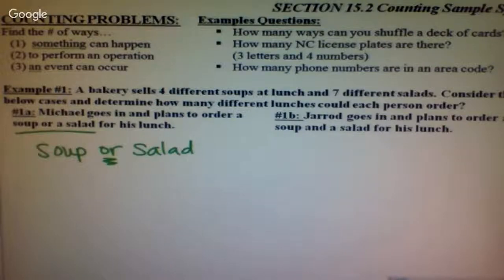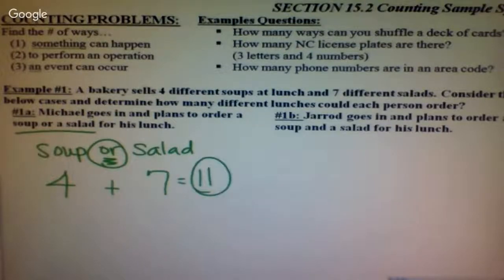Soup, 4. Salad, 7. So add. I have 11 options. I can pick one of the 4 soups, or I can pick one of the 7 salads.